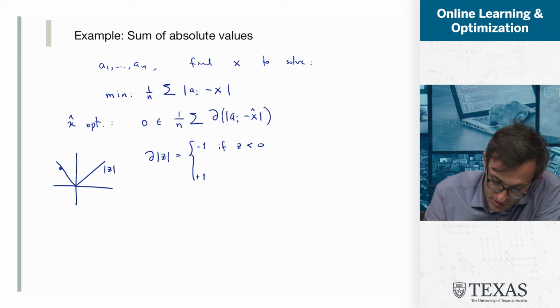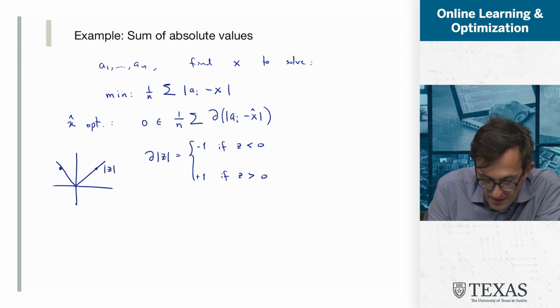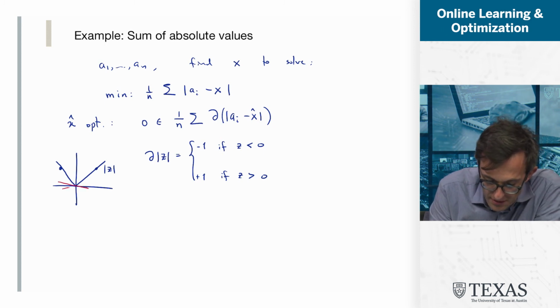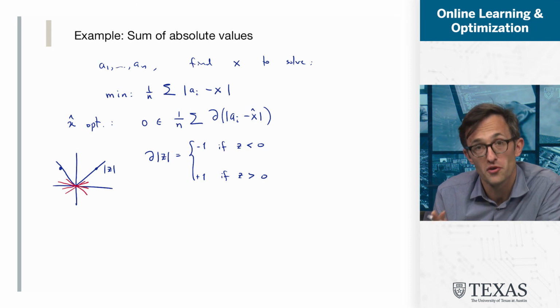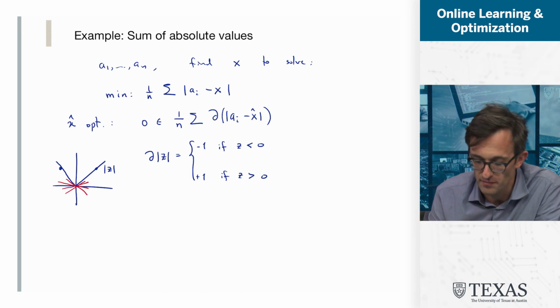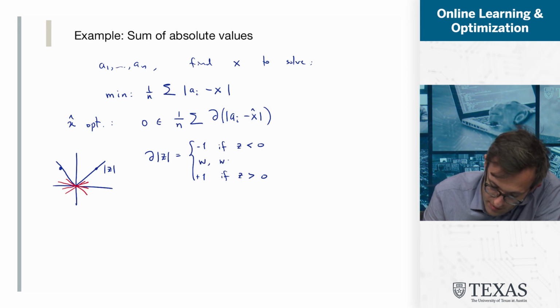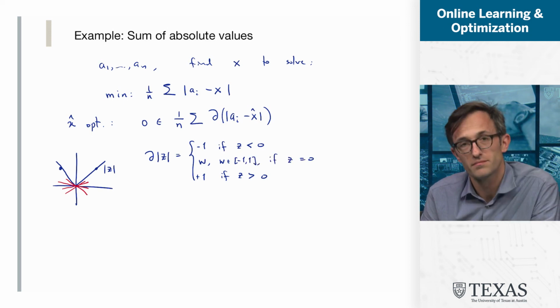It's equal to plus 1 if z is any value greater than 0. And what about down here at the bottom? What slopes can we choose that globally underestimate our function? Anything between minus 1 and 1. So it's equal to some value w, where w is between minus 1 and 1, if z is equal to 0.